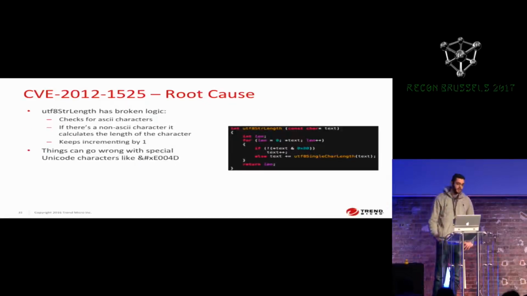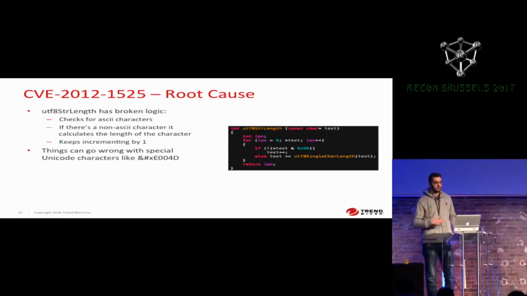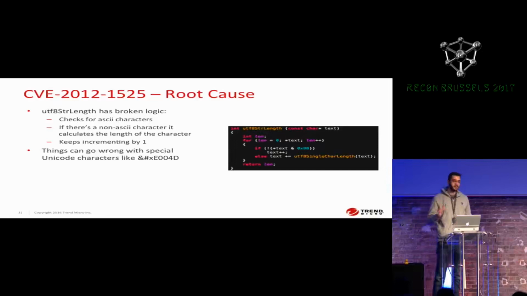So we went back to the Sublatron source code just to do some analysis, and we figured out that the core of this bug was the way the length of the string was being calculated, inside UTF-8 string length. The way this works is that it loops through the string byte by byte, checks the length of each character, and keeps incrementing the count.